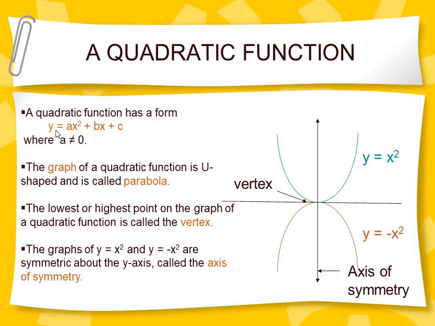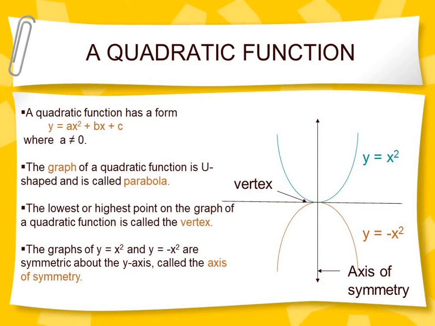Now, if you look here, there is a point. I mean, when I say point, there is an x coordinate and a y coordinate connected with each other. I call it the vertex: a point at which the curve changes its direction.